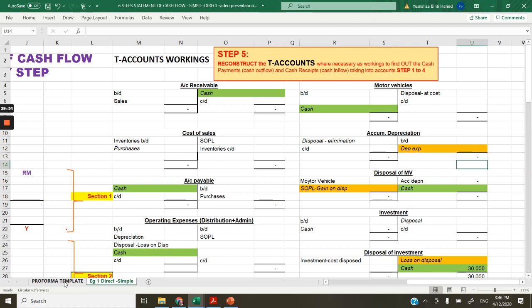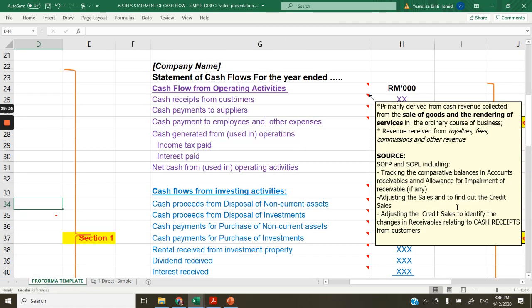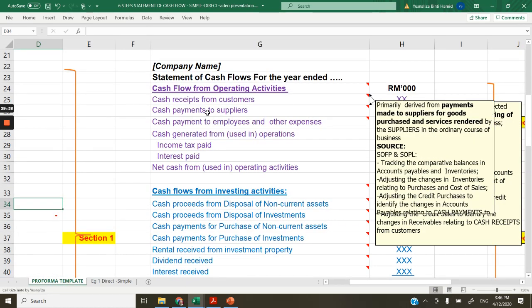But we go back to our template, the discussion. So we need to find that using our T account, which is the way we do it in class. I know in practice they use the worksheet, but we're not talking about what is so much done in practice. We're putting this to educational purpose, which is to guide those who are beginning to learn how to prepare the cash flow statement.